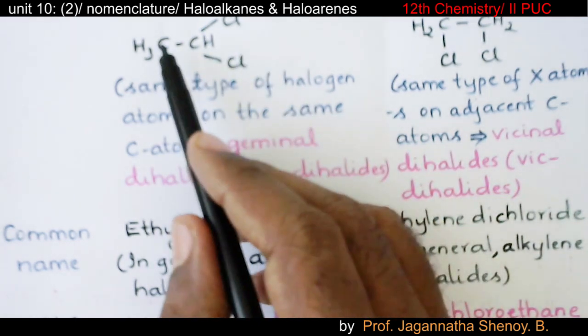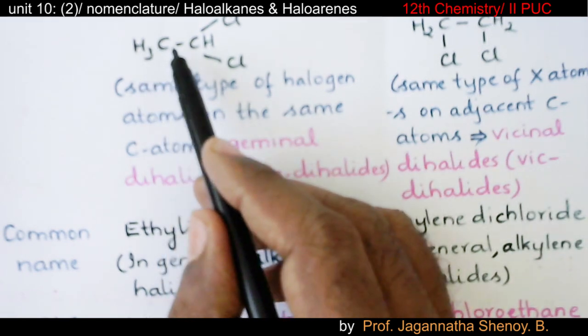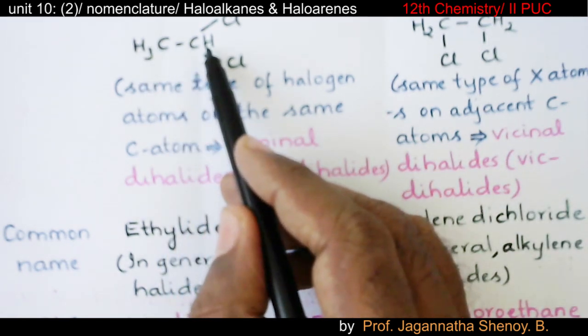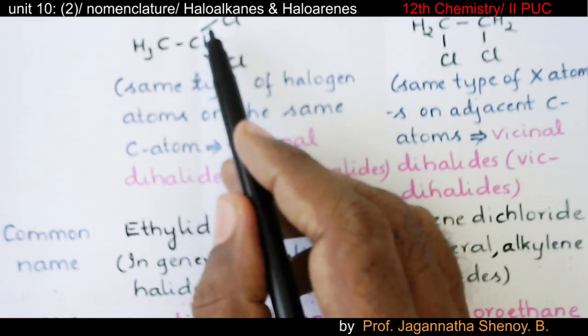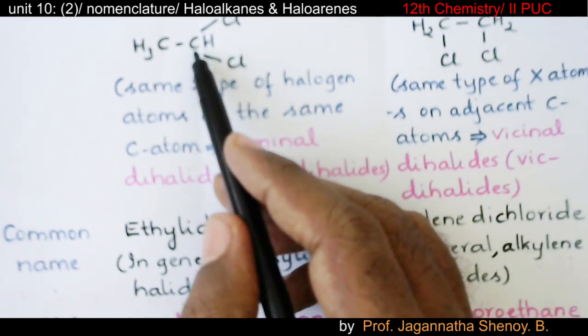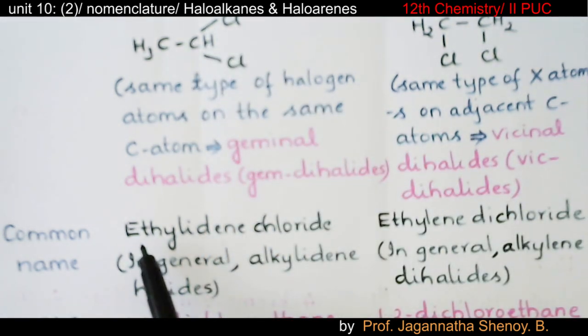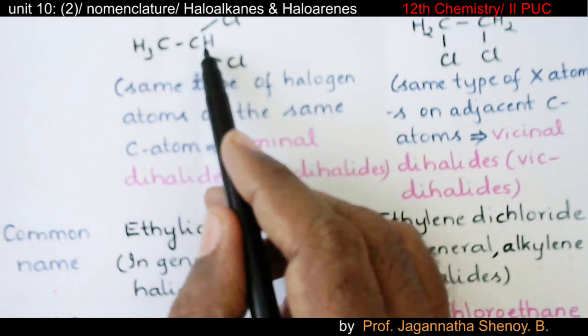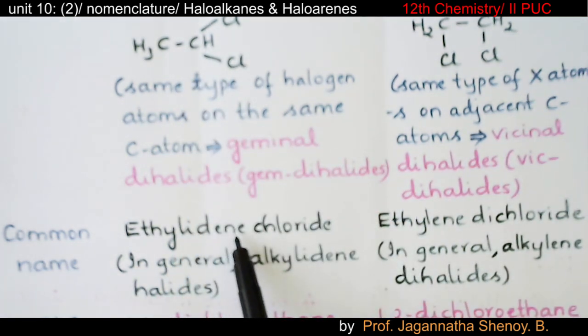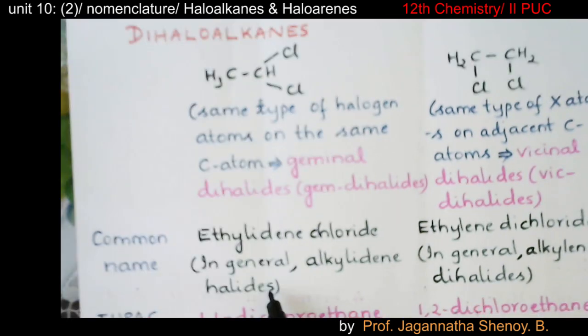And this group, where we have CH3 single bond CH with two unsatisfied valencies on that particular carbon atom, is called the ethylidene group. So what is the ethylidene group? The CH3CH group is called the ethylidene group. Ethylidene chloride is the common name. And in general, instead of ethylidene, I use the word alkylidene halide.